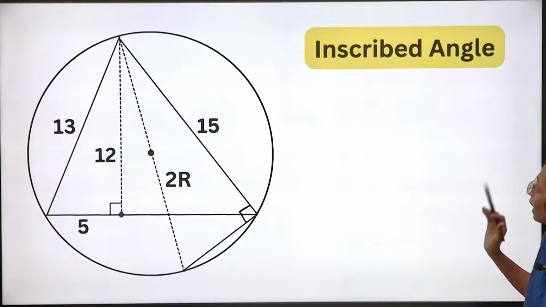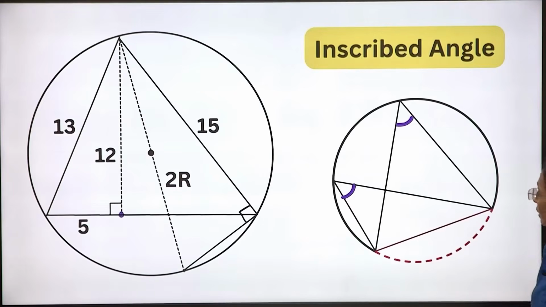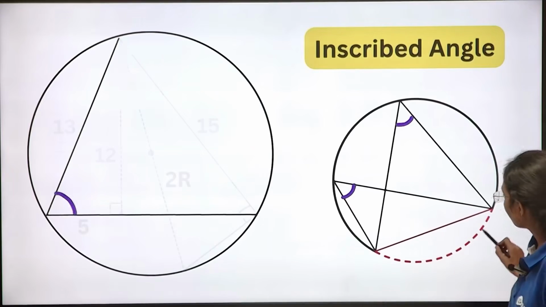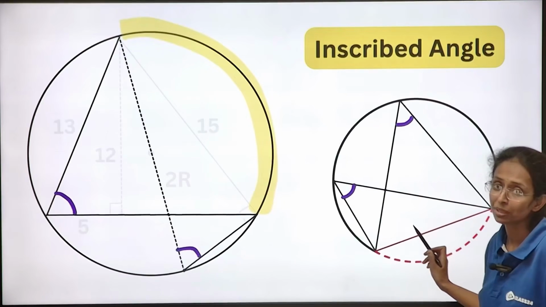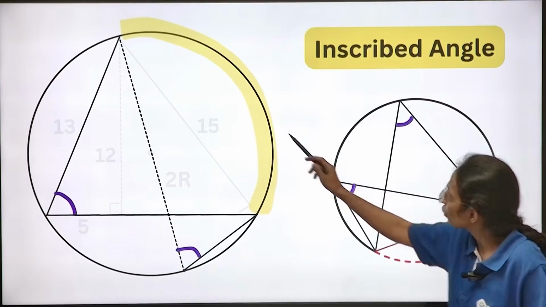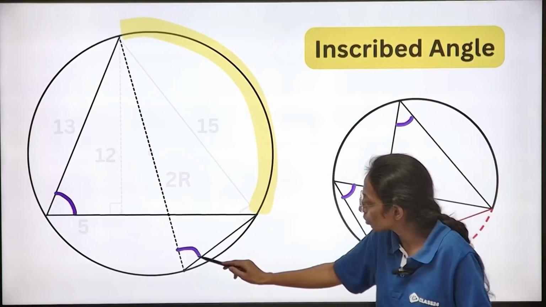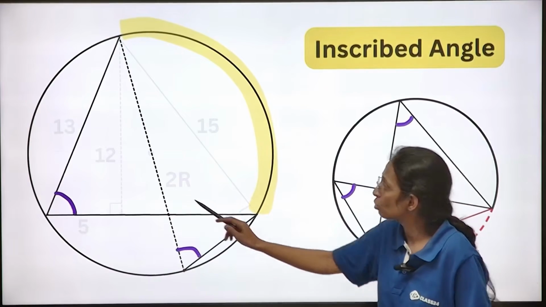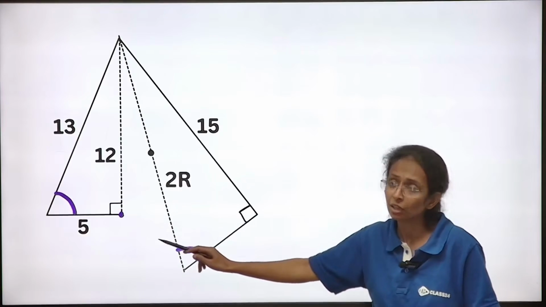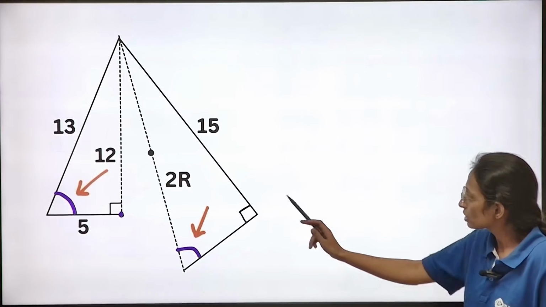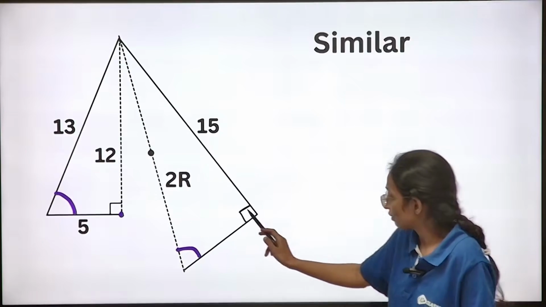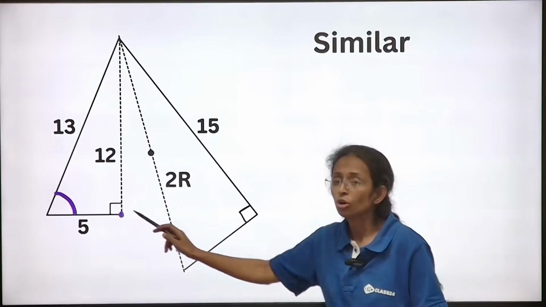Now, again, one more theorem, that is the inscribed angle theorem. From a particular arc, the angles formed in the same segment are equal. So, from this arc, we have two angles. These two angles should be equal because they are formed by the same arc. Now, seeing these two triangles, they have right angles and two equal angles.